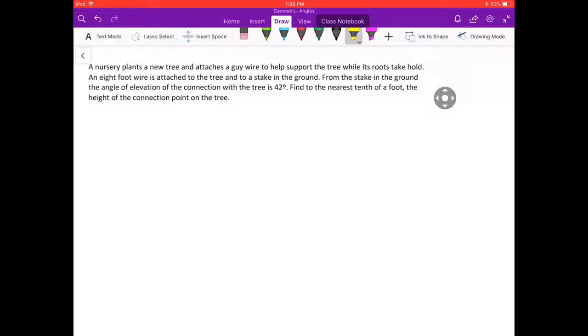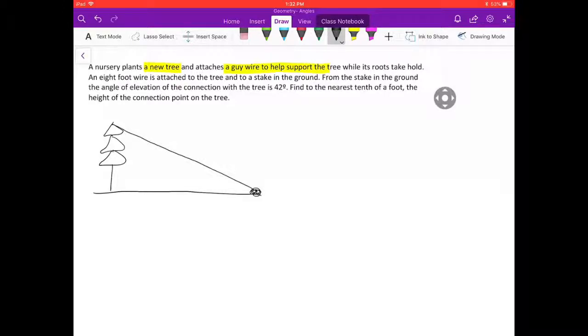So in this one, a nursery plants a new tree and attaches a guy wire to help support the tree. So if we draw a tree, well, first we'll draw the ground, and then we draw a tree. And again, as I draw a very poorly tree, we're going to attach a wire that goes into a stake.